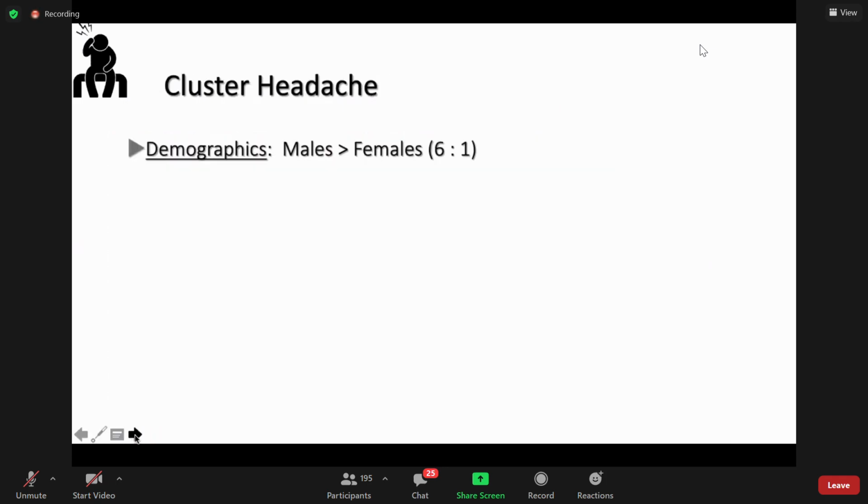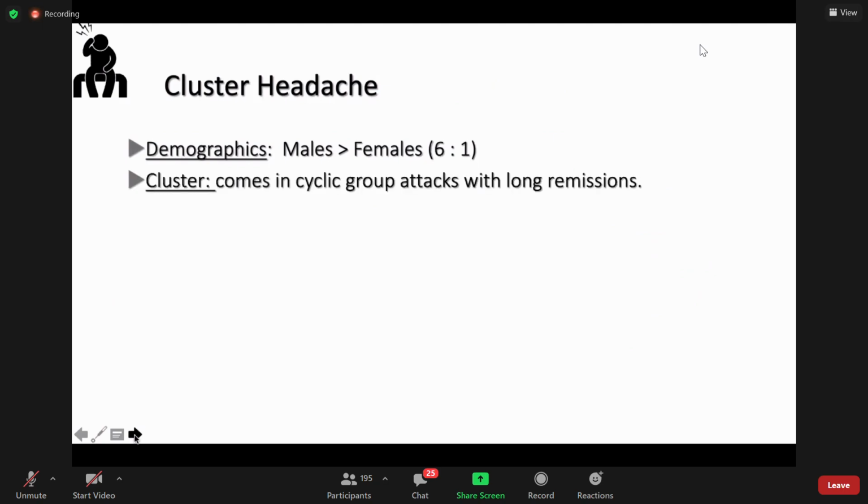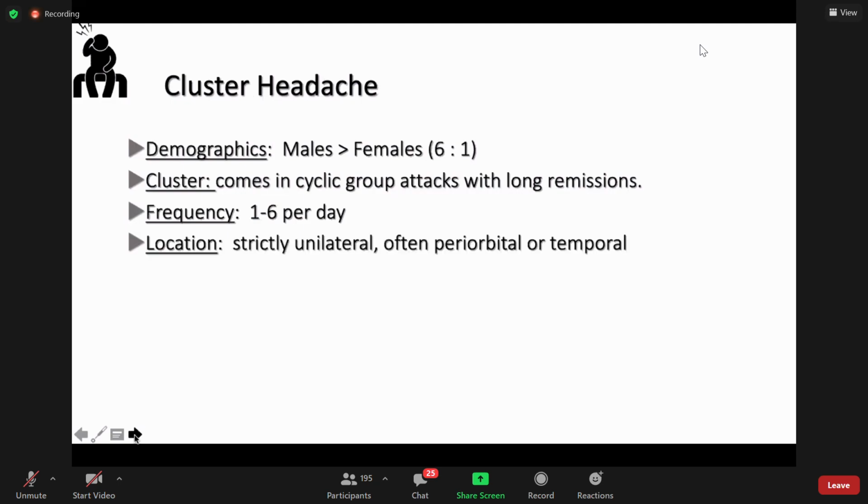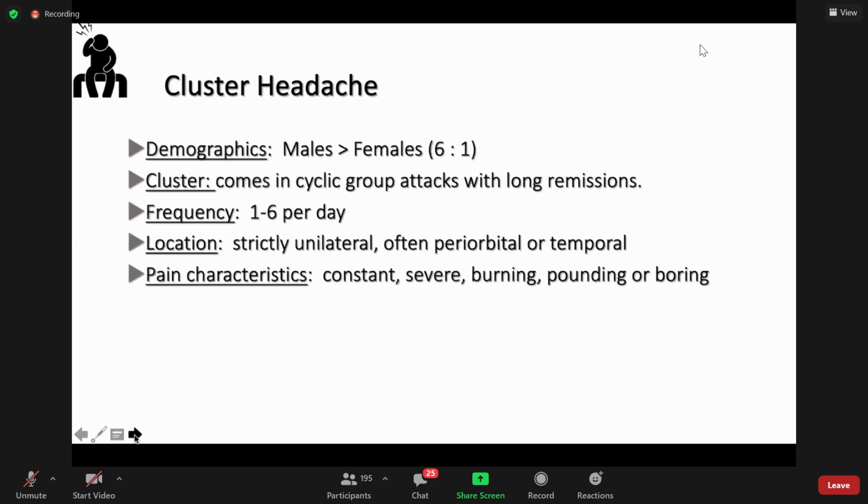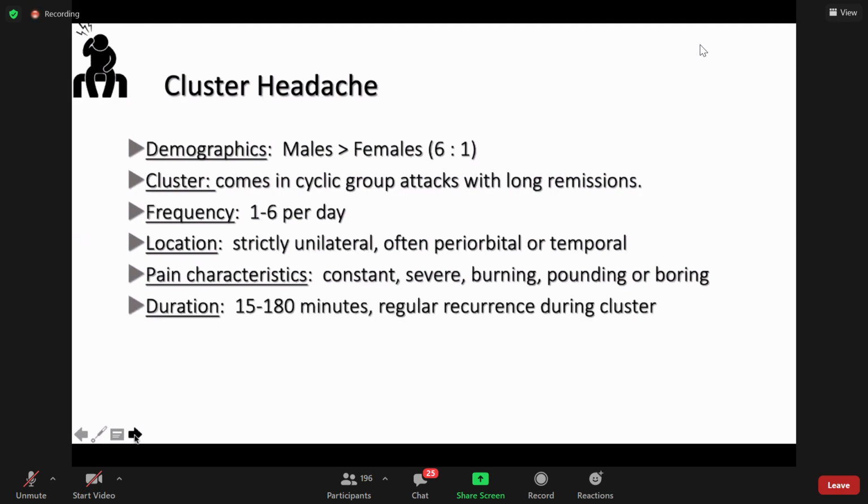Cluster headache affects males much more than females, 6 to 1, and it comes in cyclic groups of attacks with long remission. Frequency is about 6 per day, which is very bothersome, and strictly unilateral, often periorbital, and it is constant, severe, burning, pounding, boring, etc. It doesn't have to be just throbbing like in migraine.